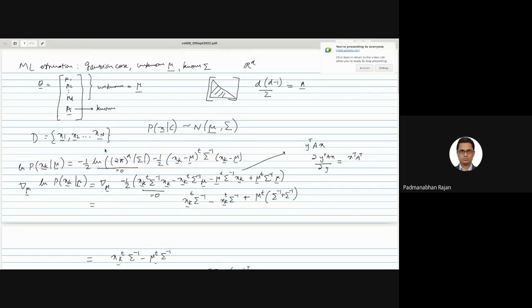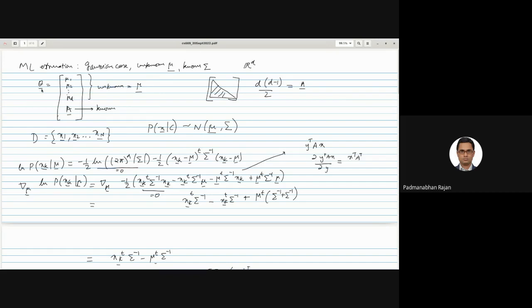Right. So we were doing ML estimation, and this is what we covered in the previous class. It illustrated the general procedure. We have a vector of parameters, and in this case we were looking at the multivariate Gaussian with an unknown mean vector and a known covariance matrix.